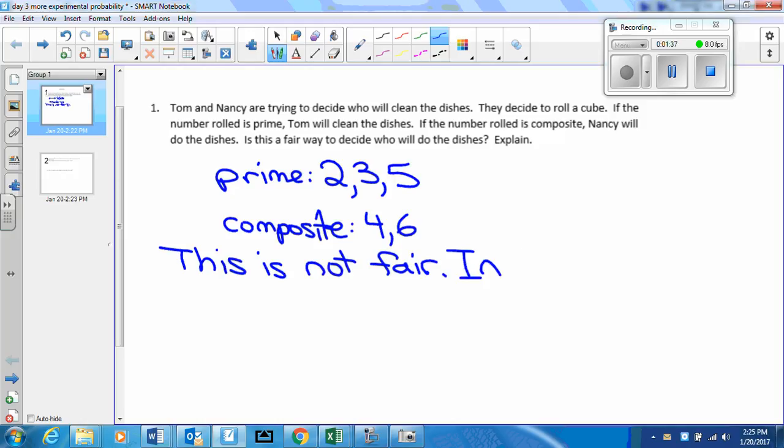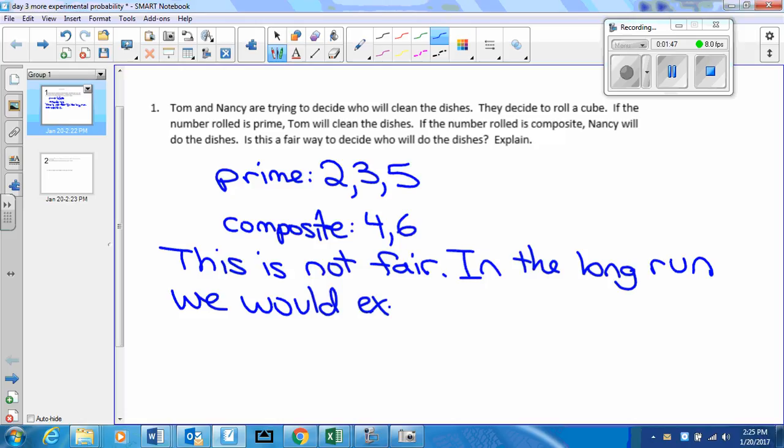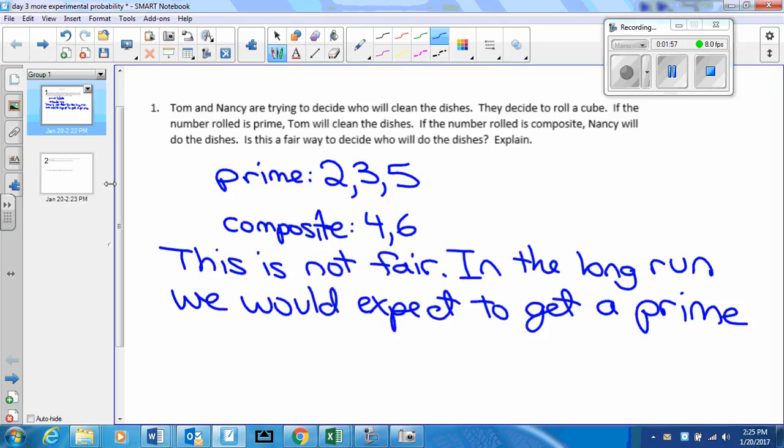In the long run, we would expect to get a prime number more often.